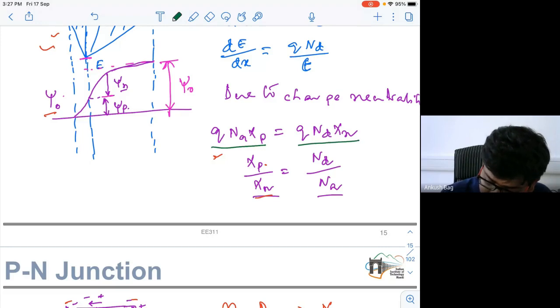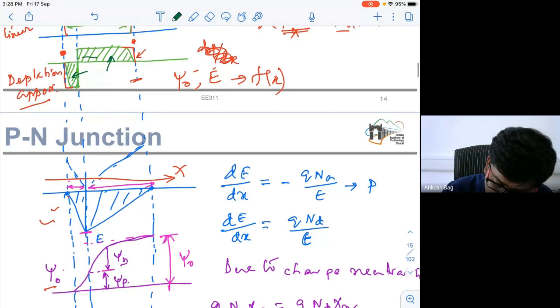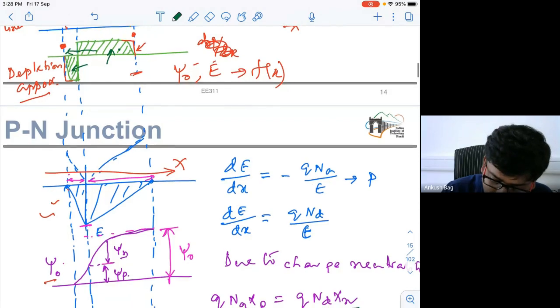That means the charge on this side should be equal to the charge here. Then only will all the electric field lines starting from here end on this p side. It has to end, because outside this depletion region there should not be any electric field. So all the electric field lines starting from the donor positive ions should end at the acceptor negative ions. These are all uncovered charges, or ions.